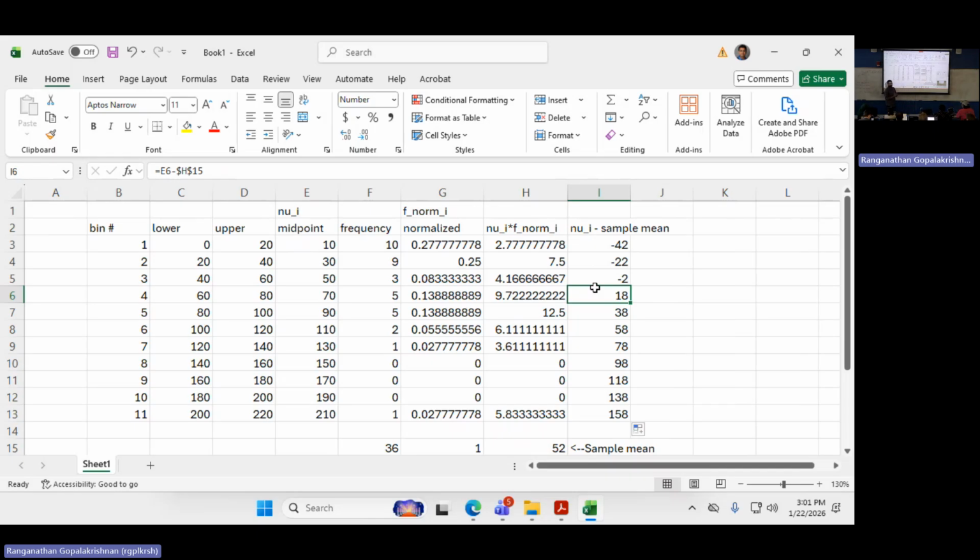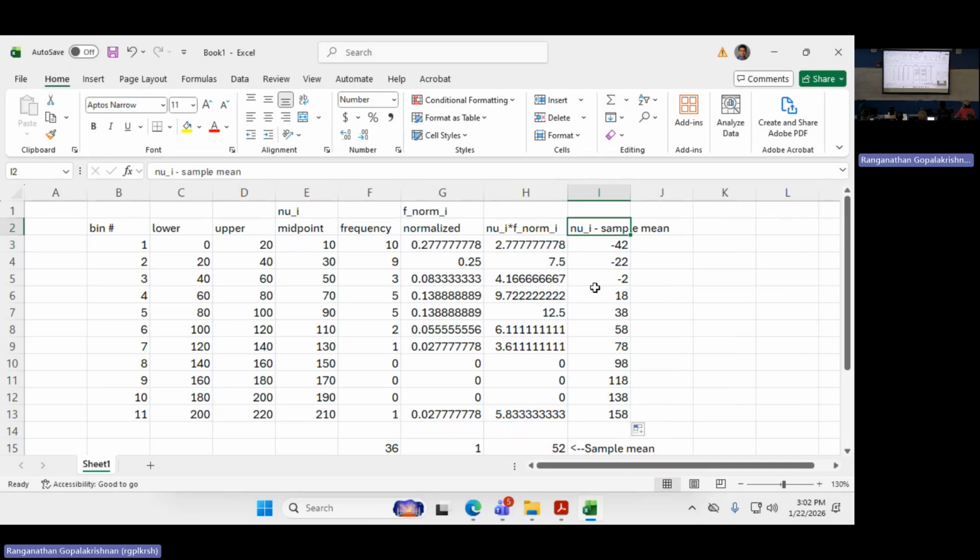What am I doing here? If you do this on paper, you will get in your column minus 42, minus 22, minus 2, 18, 38, and so on. Tell me if you're able to make sense. If not, we'll talk. That is this part. Okay.